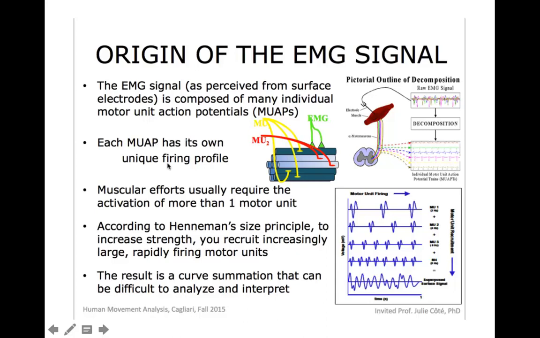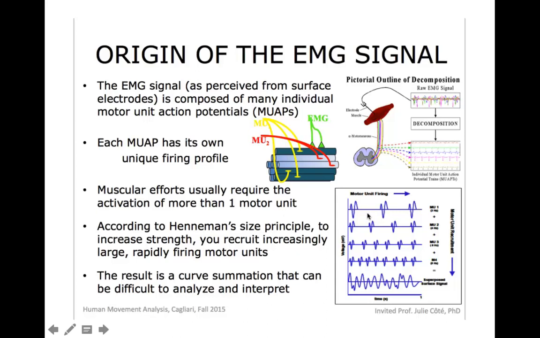So each motor unit action potential has its own unique firing profile, and so there is some work on taking a raw EMG signal and doing a signal decomposition so that you can literally pick up individual motor units. Obviously, if you have a single sensor, doing a decomposition like this becomes very, very difficult. So what you actually have is usually multiple sensors, and this decomposition is done using some kind of component analysis or blind source separation technique.